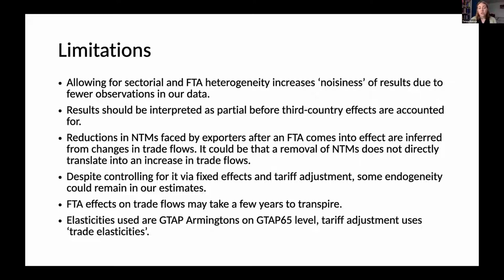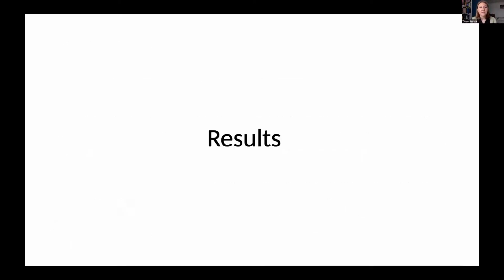We also use GTAP Armington elasticities at the GTAP 65 level for the tariff adjustment, but as suggested by the literature, this should be a trade elasticity. There are other examples where authors have used them interchangeably, so we follow that.